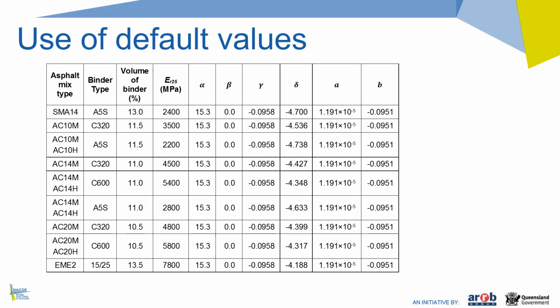So the use of default values: the TMR supplement currently has a set of default values for asphalt, and they are shown for typical TMR asphalt mixes. They're shown in this table, and also shown in the tables are the default values for the master curves, to be able to use master curves with the current mixes using the default values that are already in the TMR design guide.